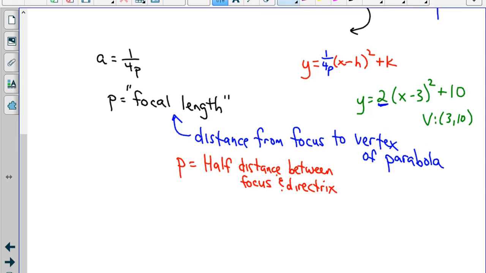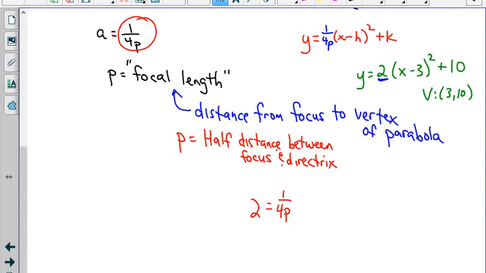But now I can take that 2, and I know that 2 is equal to 1 over 4p. So if I solve for p, 4p equals 1 over 2 and then divide by 4, I get p equals 1/8. What that tells me is that the distance from the focus to the vertex is 1/8.